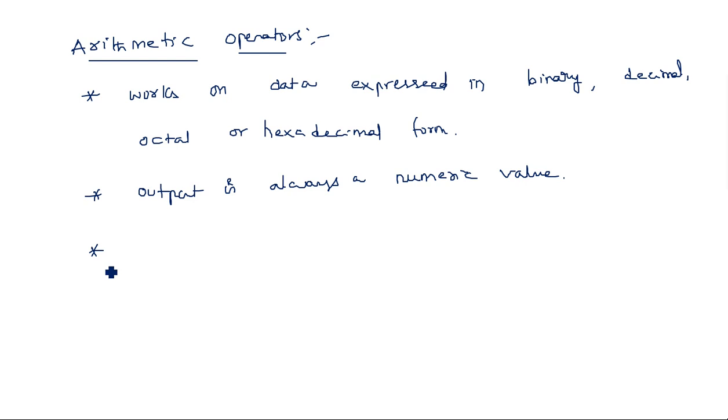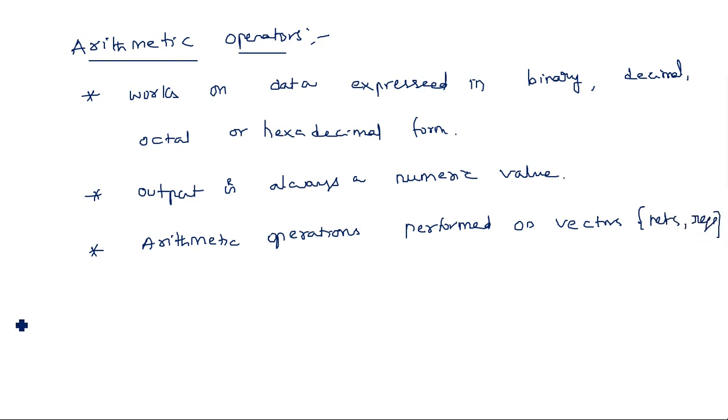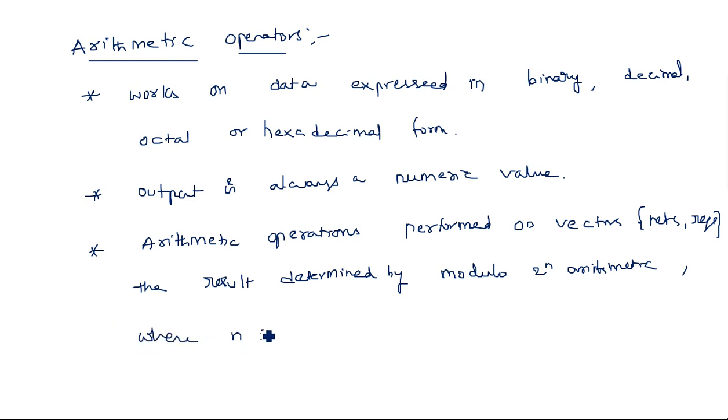The result is determined by modulo 2 power n arithmetic, where n is the size of the vector.